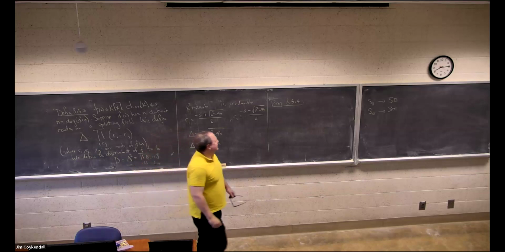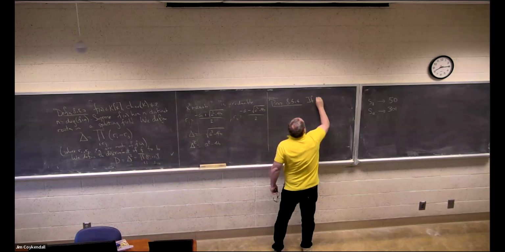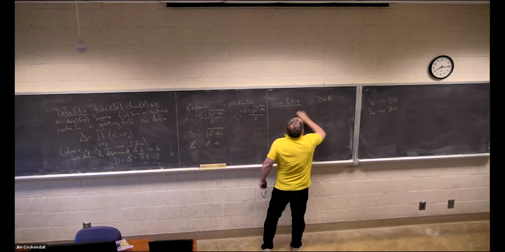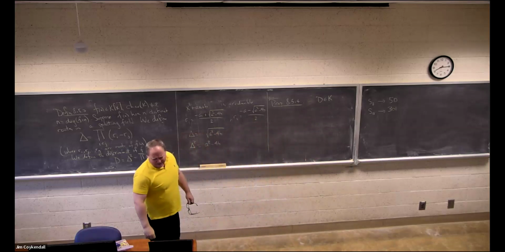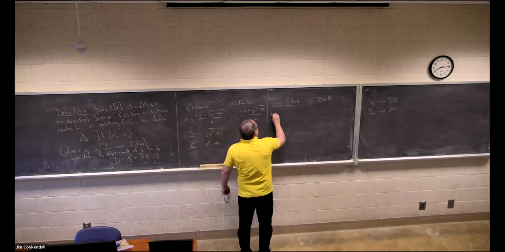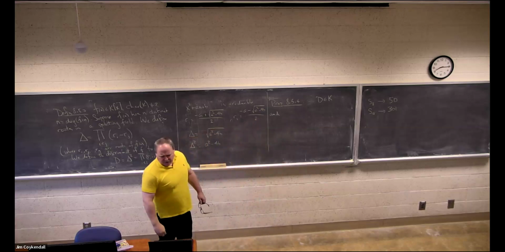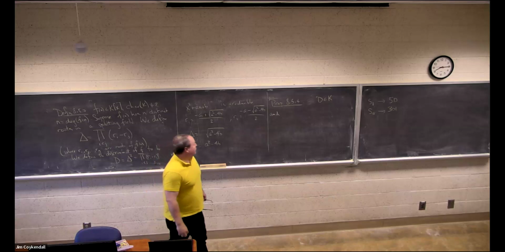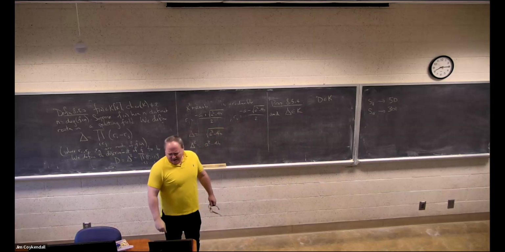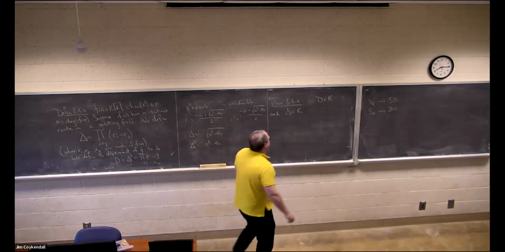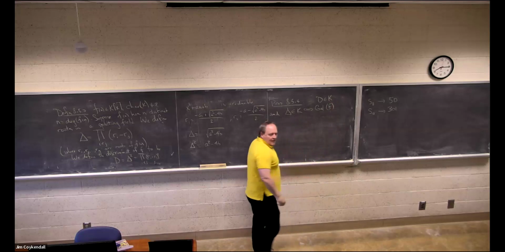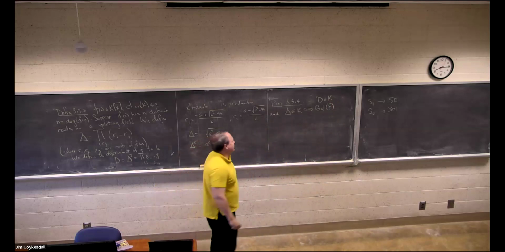If D is always in K, and as it turns out, D is always in K, and delta, that is the square root of this, is in K, if and only if the Galois group of F can be realized as a subgroup of AN.